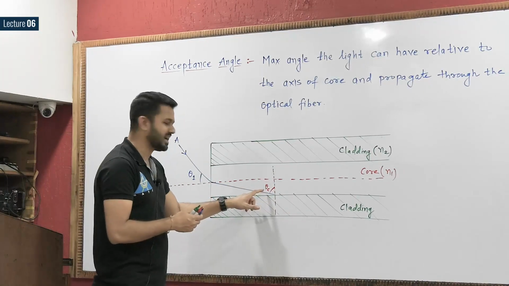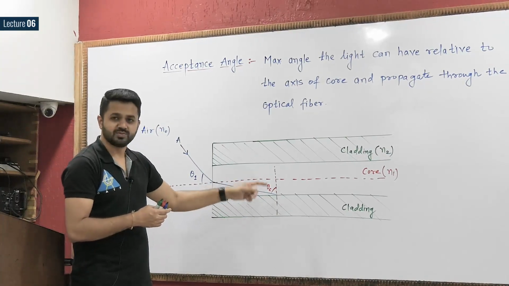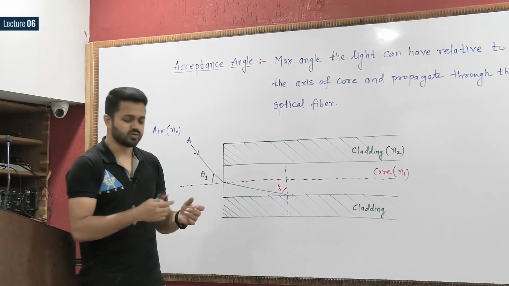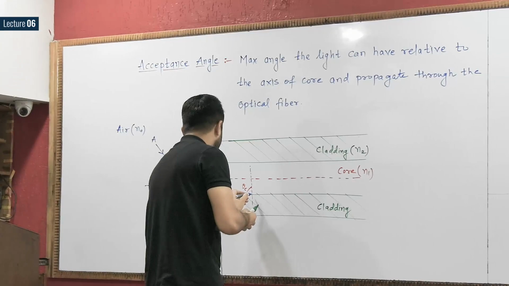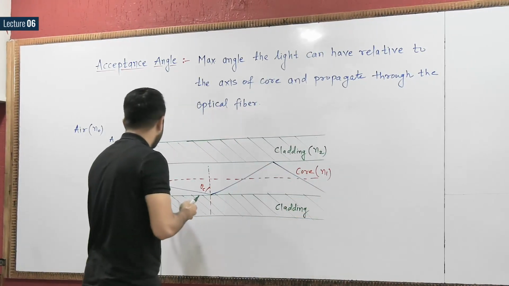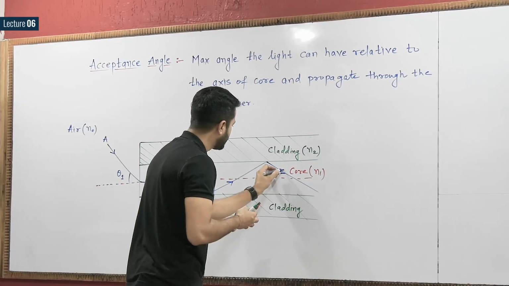So we are considering the marginal value of the angle of incidence, at which the light is totally internally reflected and travels down the optical fiber like this.